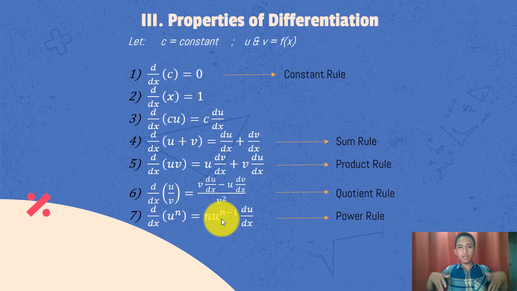This is a formula, so we are just following this one, so that we will not be doing the 4-step differentiation. Why? Because if we will be having a very complicated equation and we are doing that 4-step differentiation, it will take us a lot of time, and that will be a very long solution. Okay, so it is not advisable for you to be applying your 4-step differentiation, but it is still applicable.